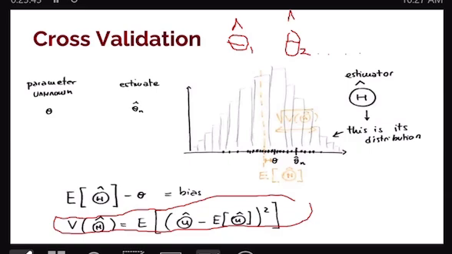Now, in cross-validation, high bias means your model is too simple. You've used a simple model for complicated reality. High variance, on the other hand, means your model is too complicated compared to reality.